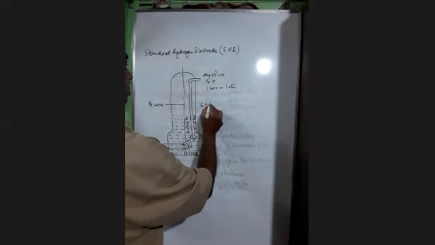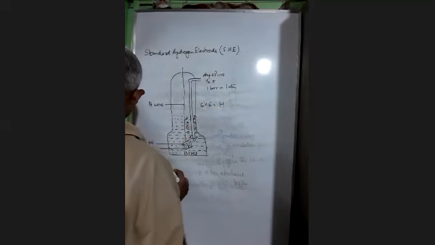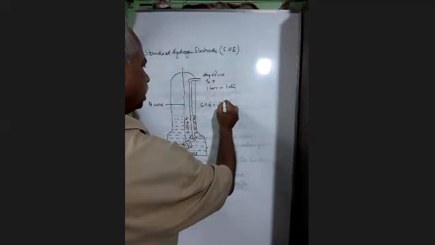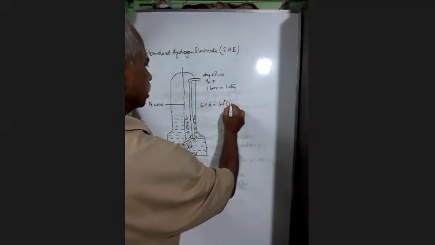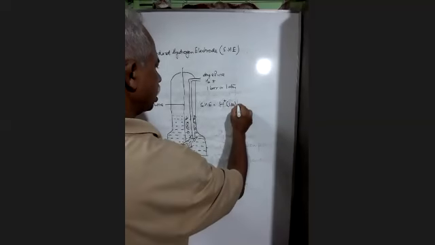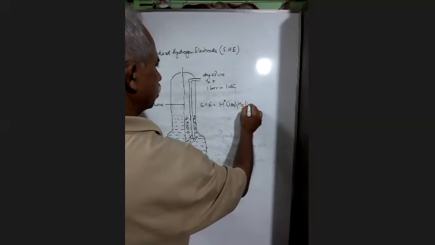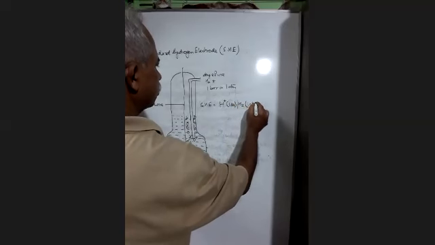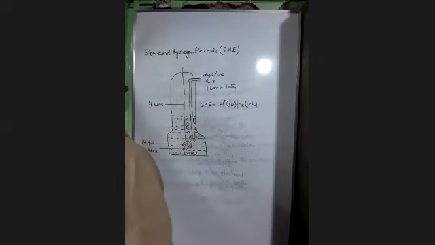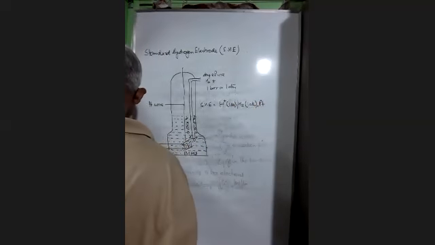So standard hydrogen electrode is being represented as H+ 1 molar, H2 1 atmosphere or 1 bar. But how the electricity is passing to platinum?